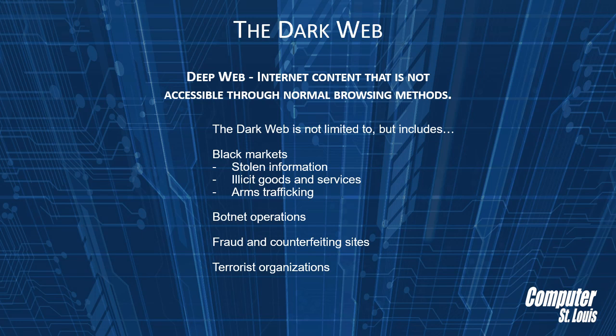There are fraud and counterfeiting sites, and terrorist organizations operate on the dark web. So when you see someone saying they're looking through the dark web, they have software that can actually look at these sites and see if any of your information is exposed on this more nefarious side of the hidden internet.